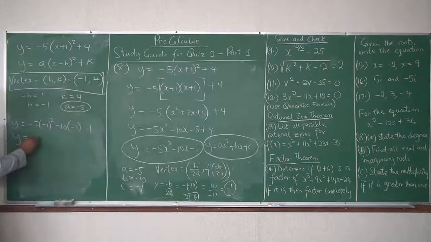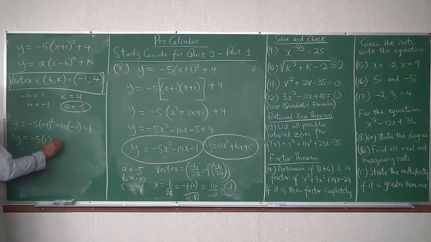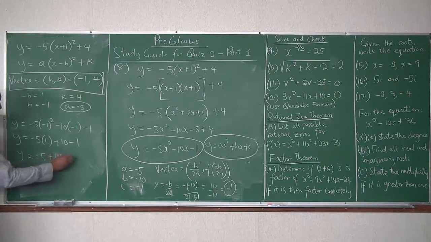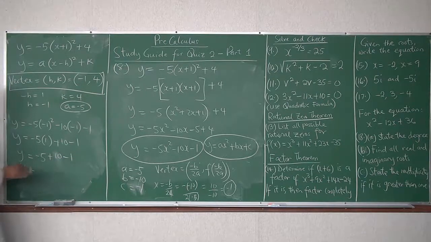So this is -5 times 1 plus 10 minus 1. Y will now be -5 plus 10 minus 1. If I do it by PEMDAS, the order of operations, I have to do left to right. So this is 5 minus 1.